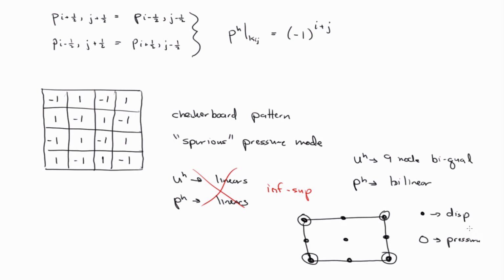I say 9-node because if you remember Pascal's triangle, as long as we're balanced, we have a complete set. Well, we could take an 8-node and then we'd be balanced. But we need that 9th node actually for inf-sup. So this has some sort of optimal constraint ratio, and we're inf-sup compatible with this. This is called a Taylor-Hood element. You might see it in literature.